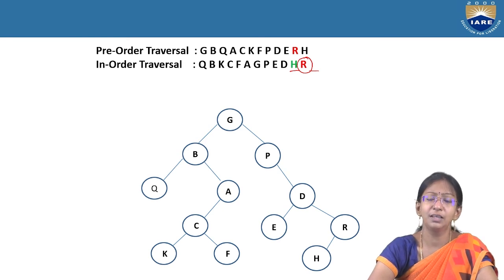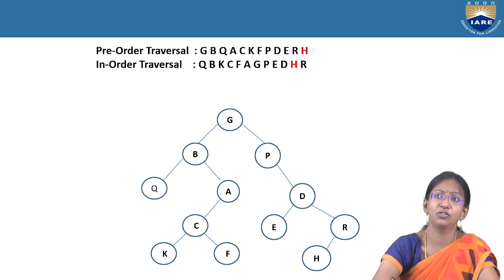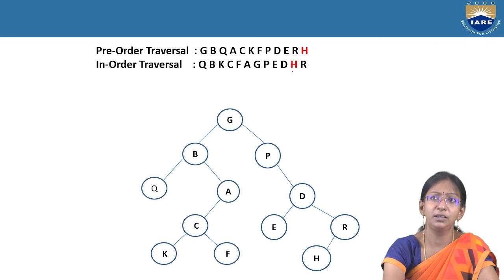Right? So what is the next element in preorder? H. Where is it in inorder? Here it is. So its left child is T, which is already taken or used, and its right child is R, which is already taken and used. Right?